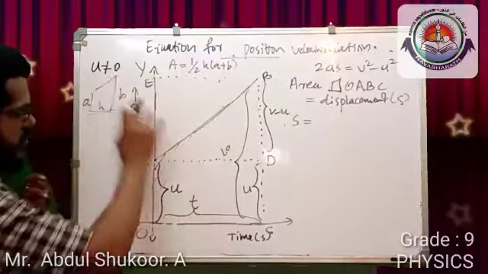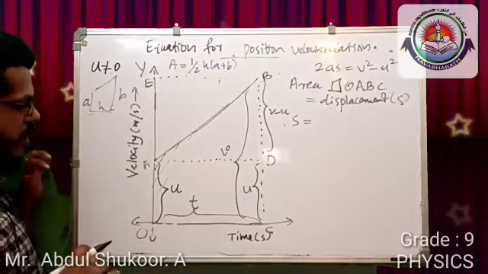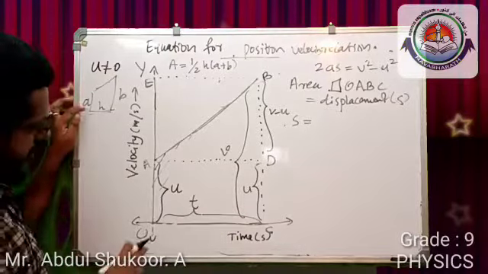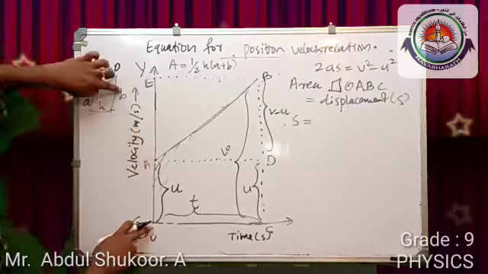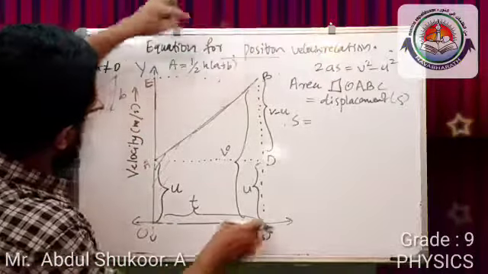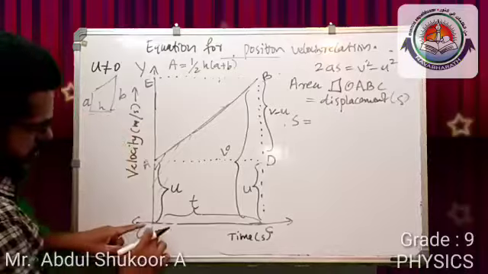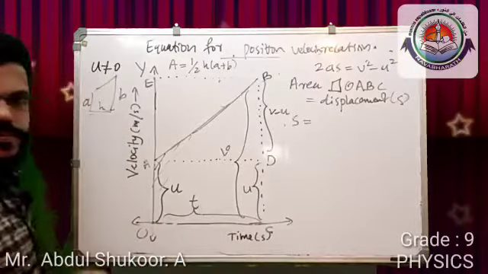Can we compare this shape with this graph? How can we get this value A? A is equal to AO here, B is equal to BC, and H is OC.